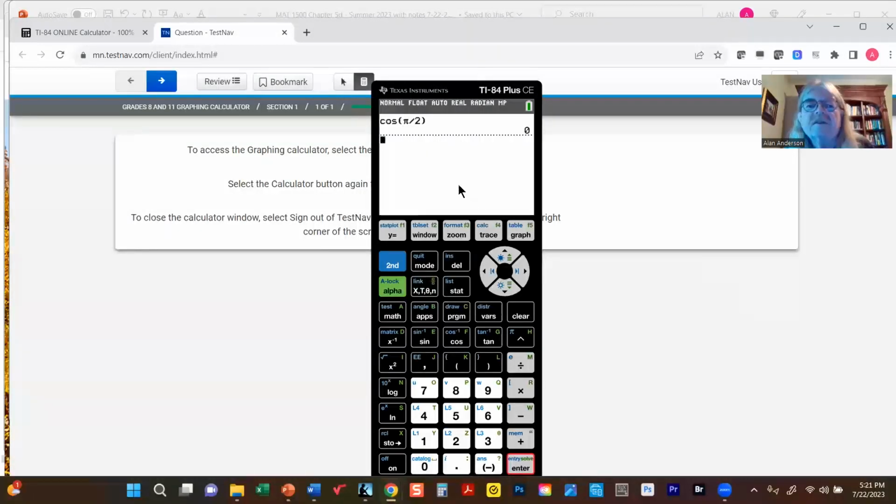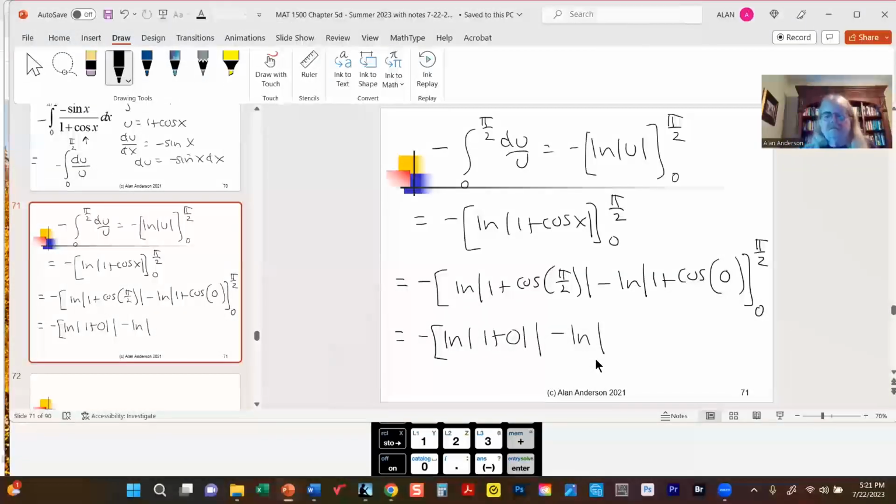You may have to go back and reinstall it. 1. Okay, good. Oh, I just realized I've already plugged in the 0 and the pi. These shouldn't be here. Okay. Anyway. Oh, no, sorry. It's just 1. Cosine of 1.